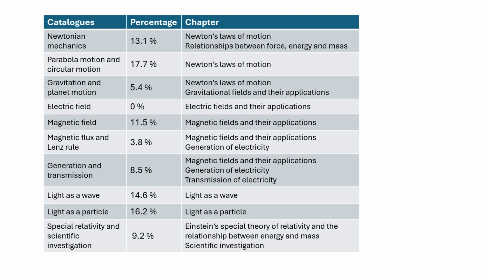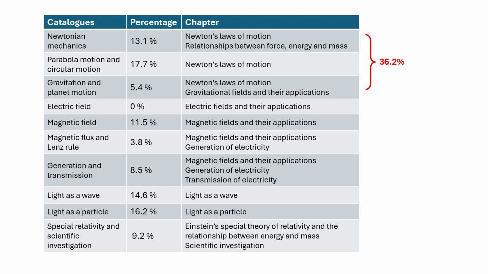A summary of the 2019 NHT Physics examination highlights the distribution of topics by their contribution to the total score. Newtonian physics, which included mechanics, parabolic and circular motion, and gravitation, contributed 36.2%.